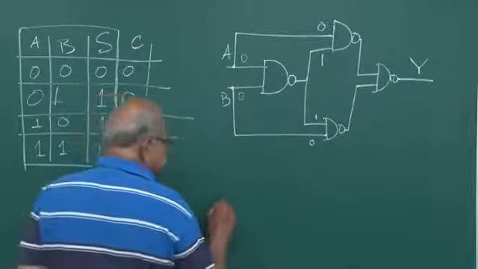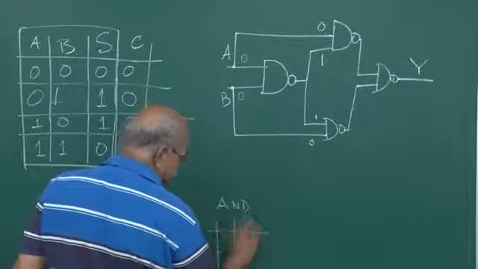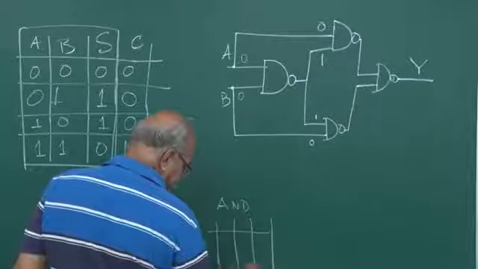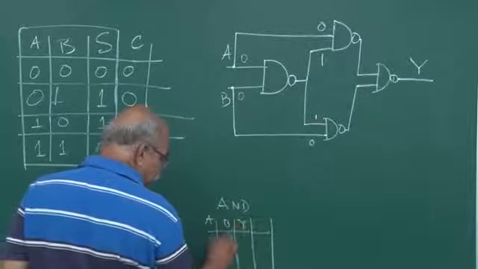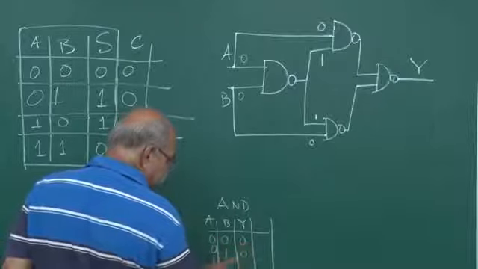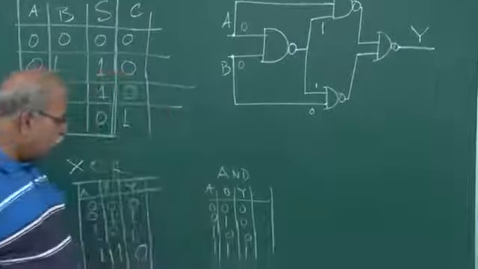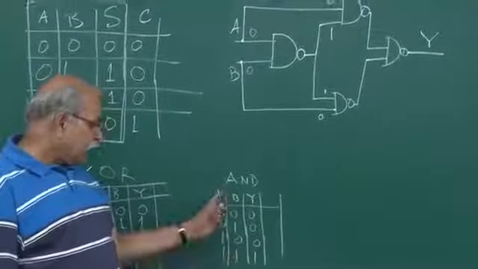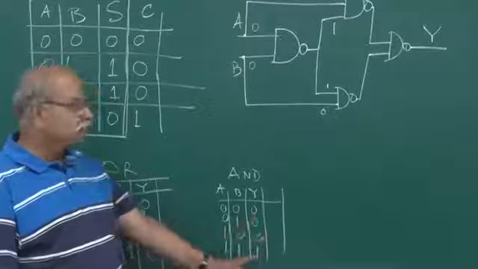Ready reference, if you want I can write the truth table. A, B, Y. 0 0 gives me 0, 0 1 gives me 0, 1 0 gives me 0, 1 1 gives me 1. This is AND. Only if both of them, A and B, are high, then the output is high.